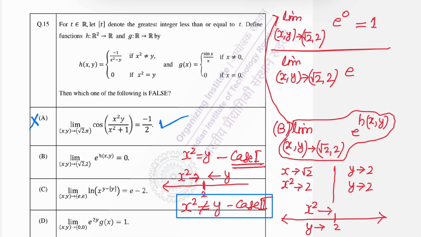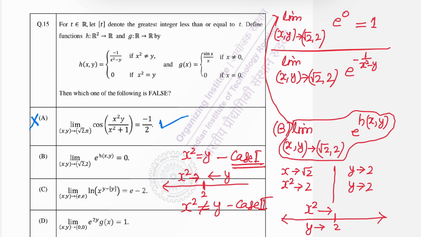Inside the blue rectangular enclosure, x square is not equal to y, and according to that, we have to take this one. So here will be, I write in red, minus 1 by x square minus y.